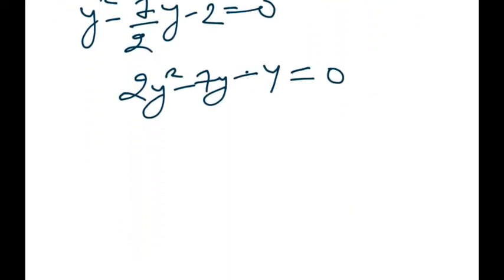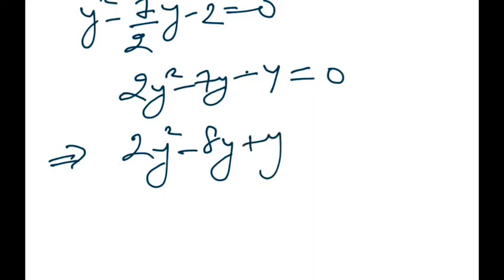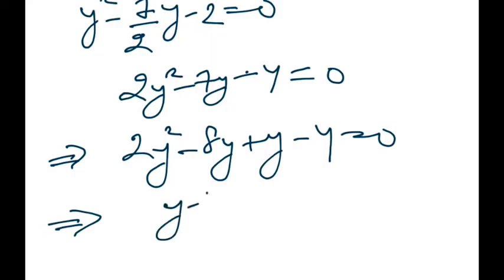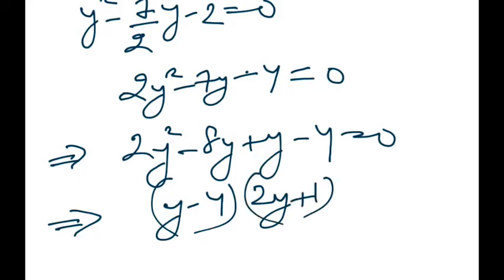Once we solve this, we will get 8, 1, 4. Okay, so 2y square minus 8y plus y minus 4 equals 0. This gives us y minus 4 and 2y plus 1 equals 0.